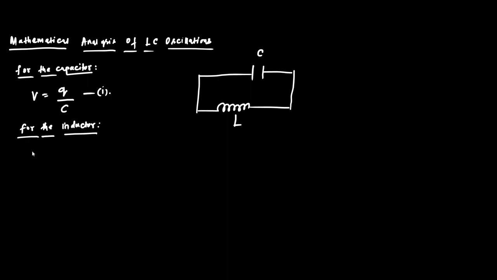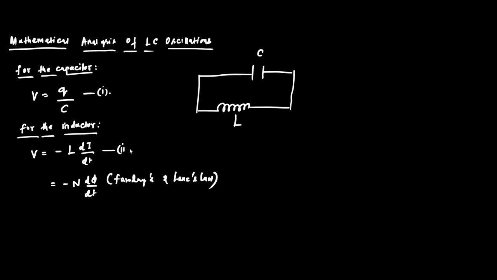Here the same voltage can be represented as minus L di by dt, which is equal to minus N d phi by dt, which is Faraday's law and Lenz's law combined. So this is, let's say, equation number 2.